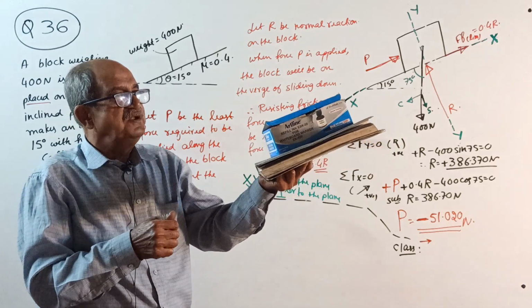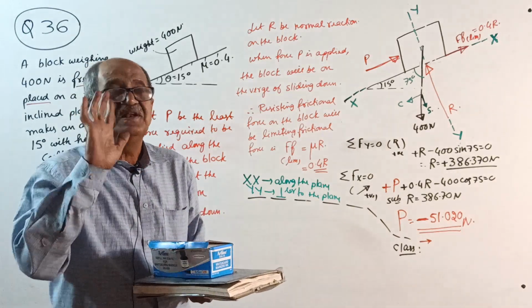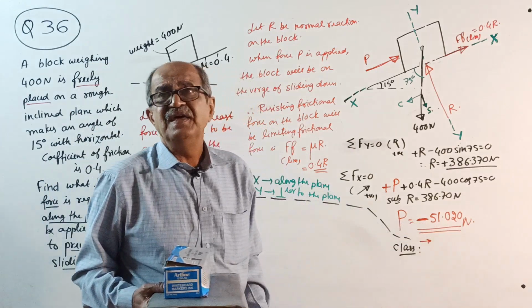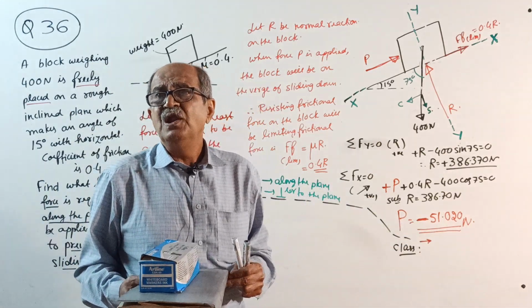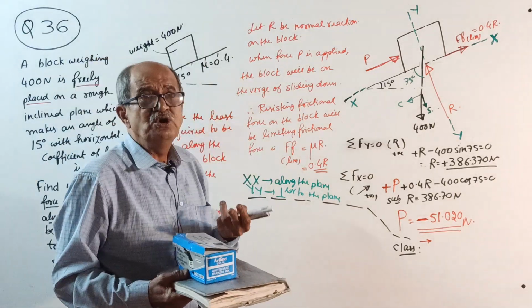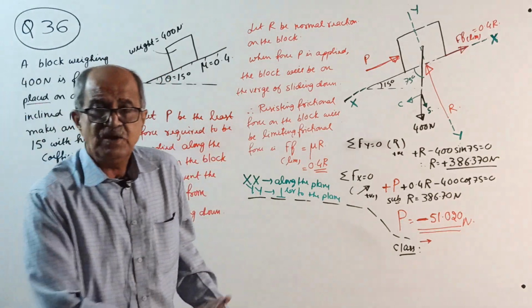You require the P when it slides down, that is the next question. Therefore, the negative sign indicates that the block will not slide down when freely placed here, so there is no question of preventing it from sliding. You write that statement and close the question.